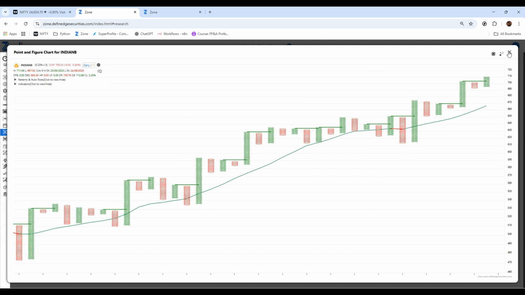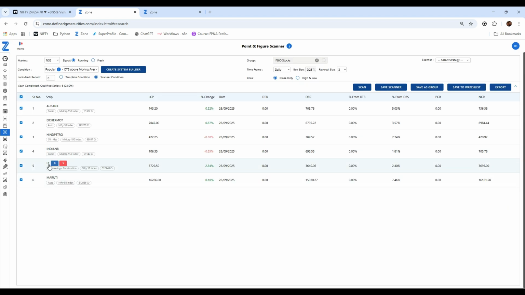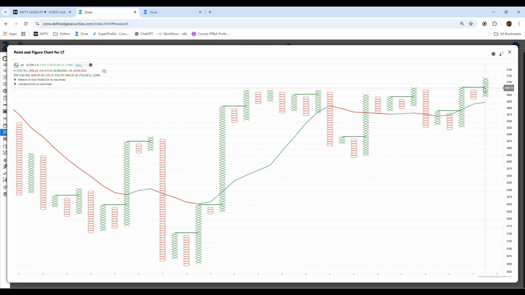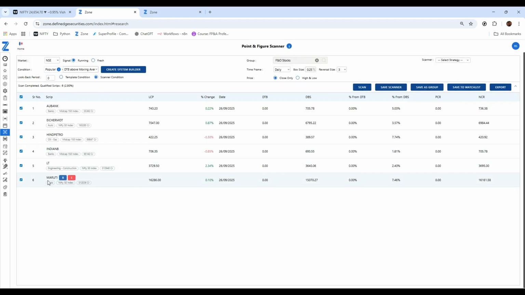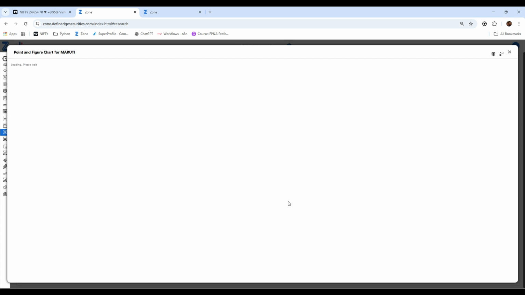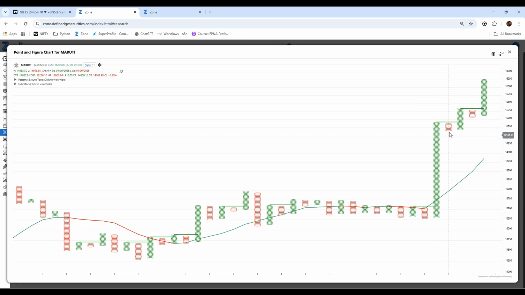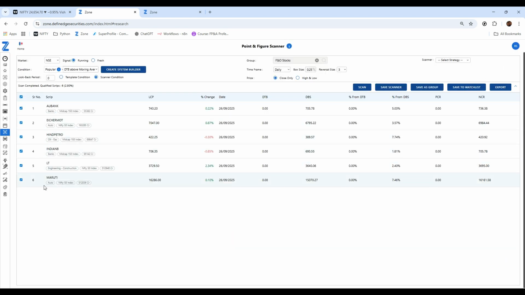Indian Bank is looking bullish, and then L&T, it's a nice anchor column breakout, and it's a double top buy above moving average. There is a lot of consolidation that has happened here, so L&T looks very good, in fact. And the last one for this is Maruti. It's a nice anchor column sitting, and there are subsequent double top buys. So there are six in this.